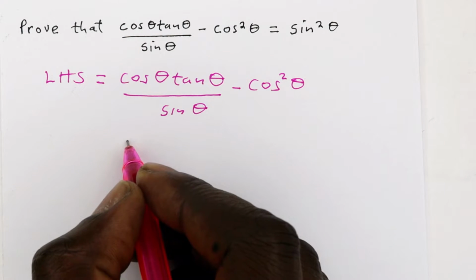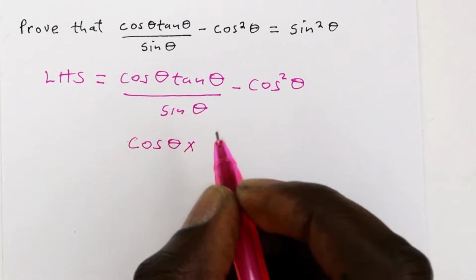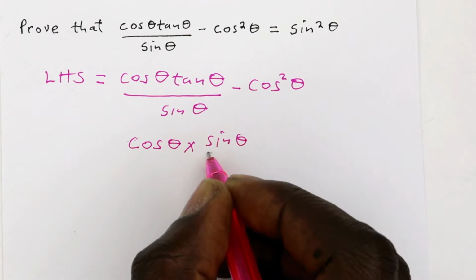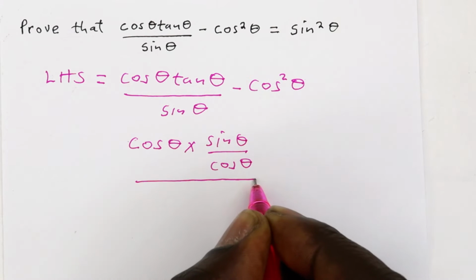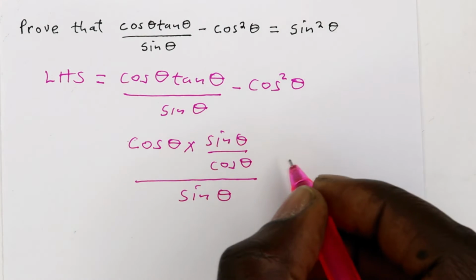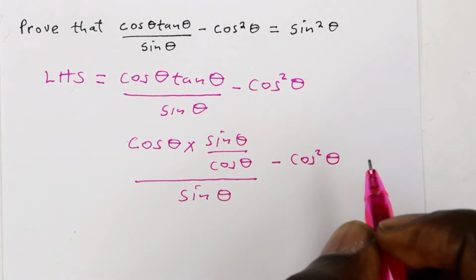So it means we're going to have cos theta times tan theta can be seen as sine theta over cos theta, and that is over sine theta, and then you're still subtracting cos squared theta.